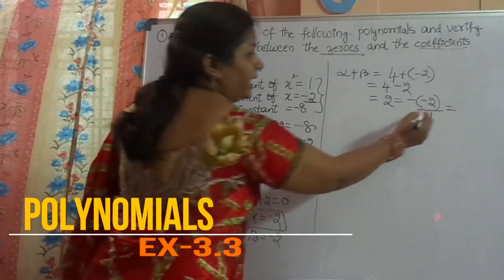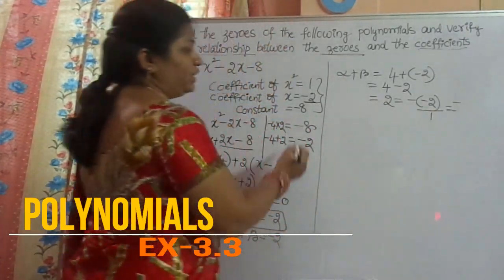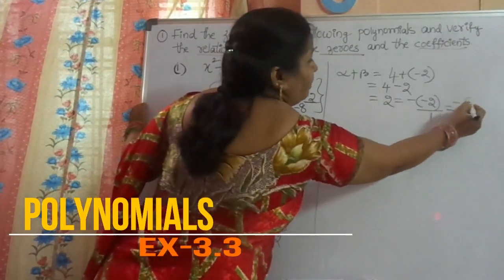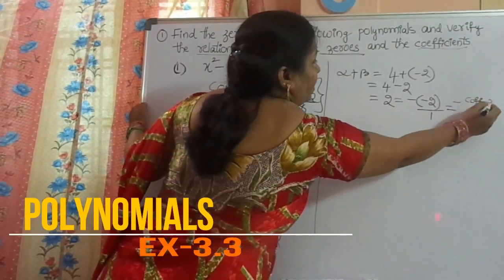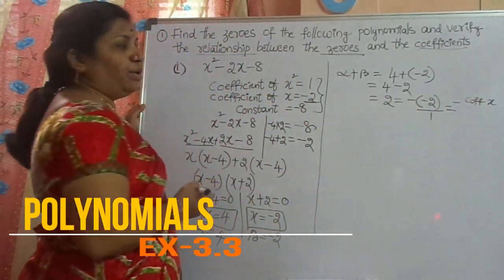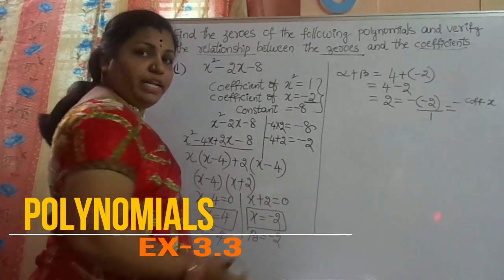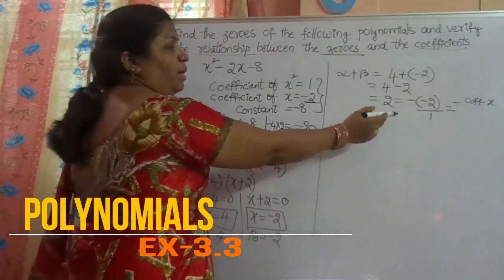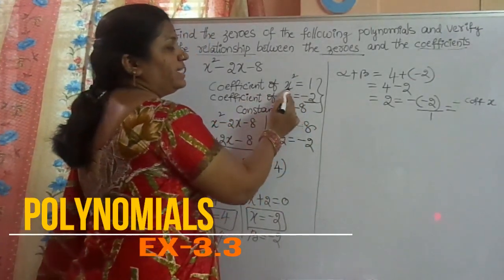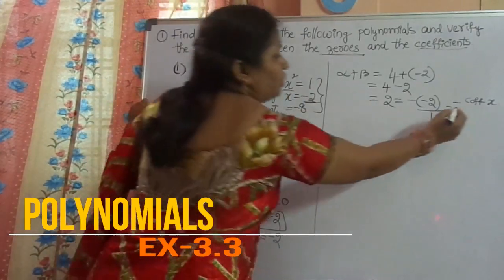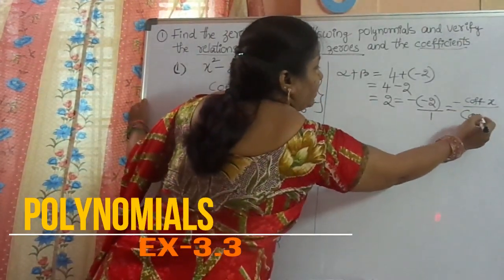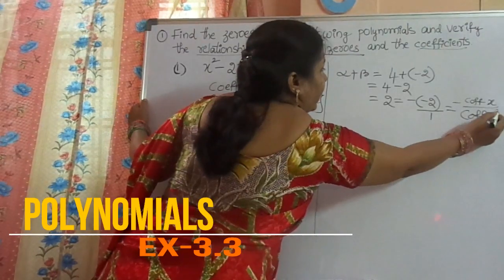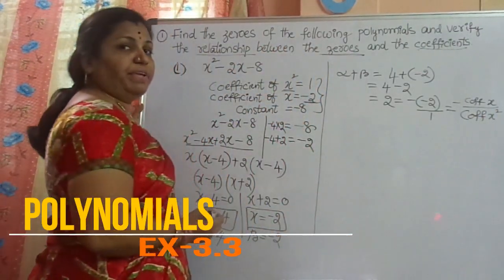That's why I am writing minus 2, which means the coefficient of x. The denominator 1 means which coefficient it is? The x square coefficient. So I am writing it as coefficient of x square. This is the relationship between them.